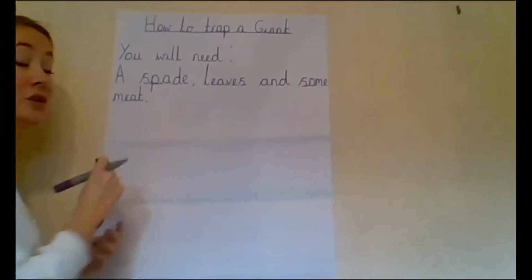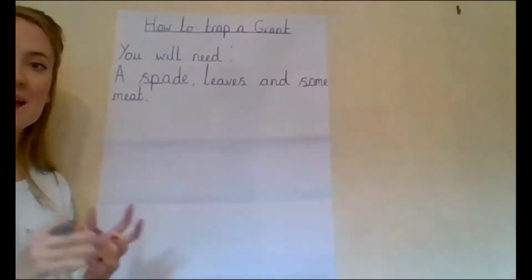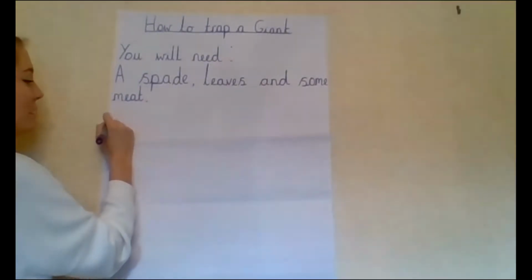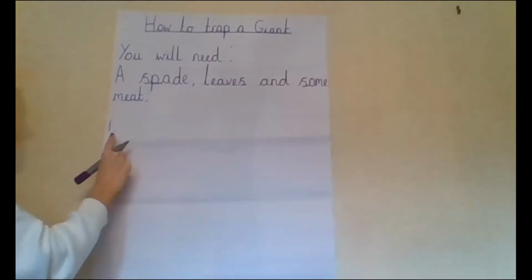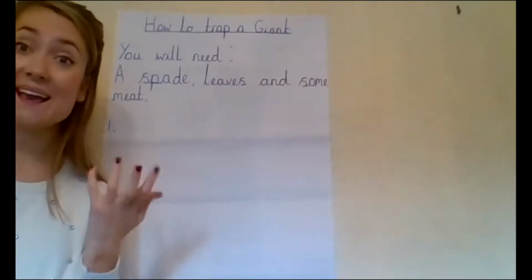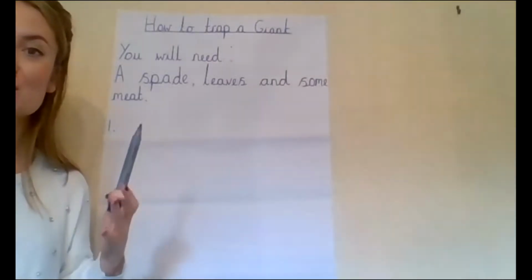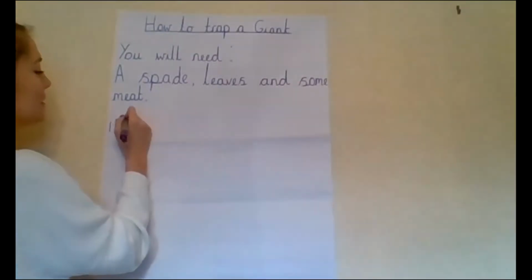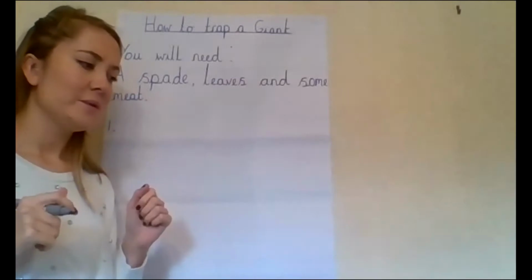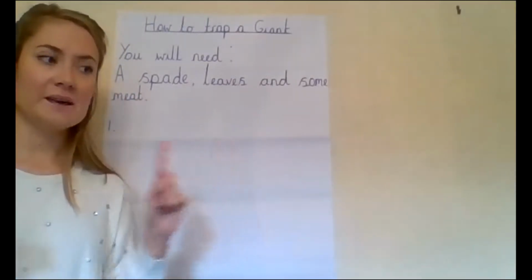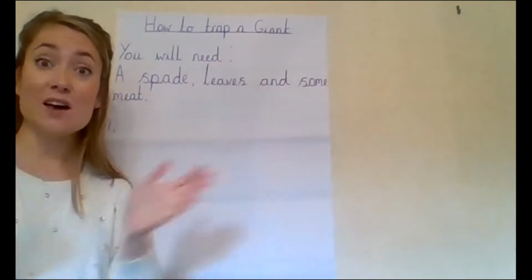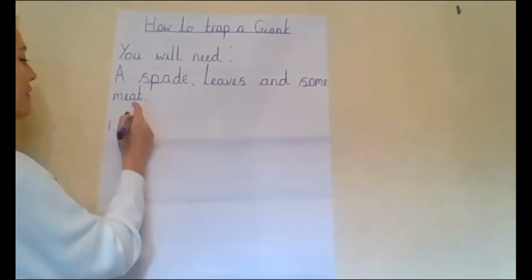Then I'm going to start a new line for my first step, okay? So in fact, I'm going to leave a line and put 1 to make it really clear that these are my steps that I'm taking to trap our giant. So one, first. Let's remind ourselves, we've got one, first, comma, quietly dig a large and deep hole.